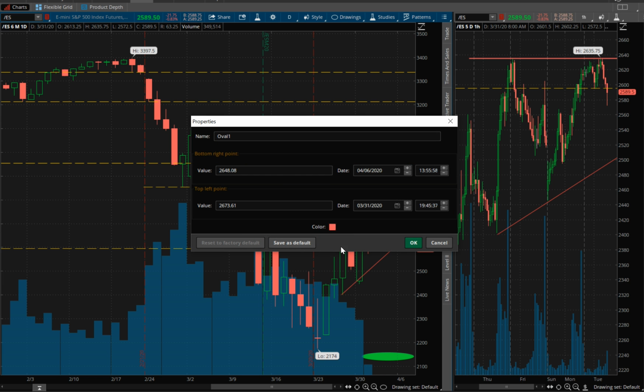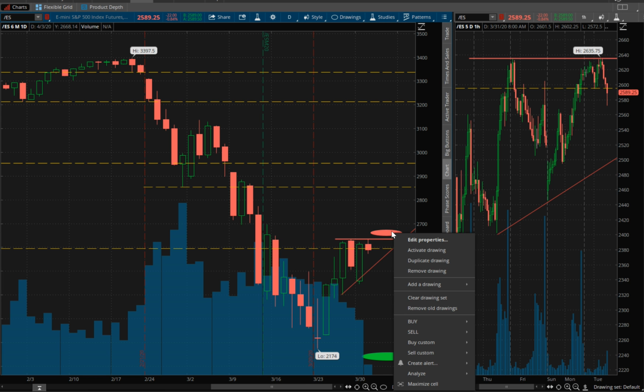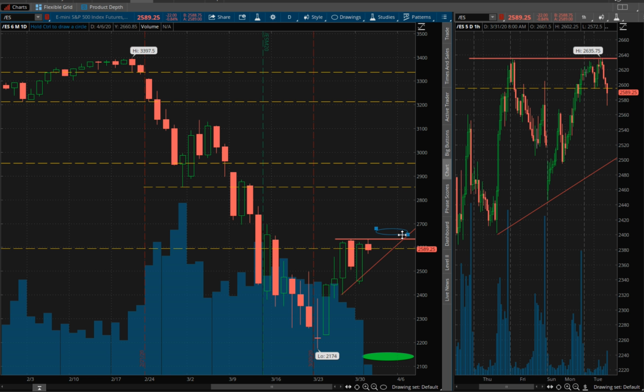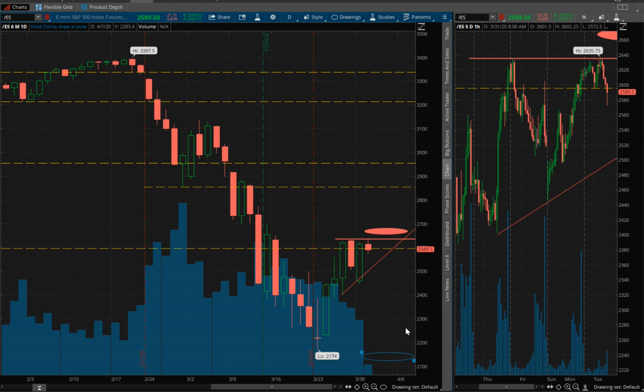So I'm going to put some bubbles here just to remind me that this is the area where, if I'm wrong, I'm going to be breaking out of the trade. If I'm right, I'm going to be taking profits in this area down here below.